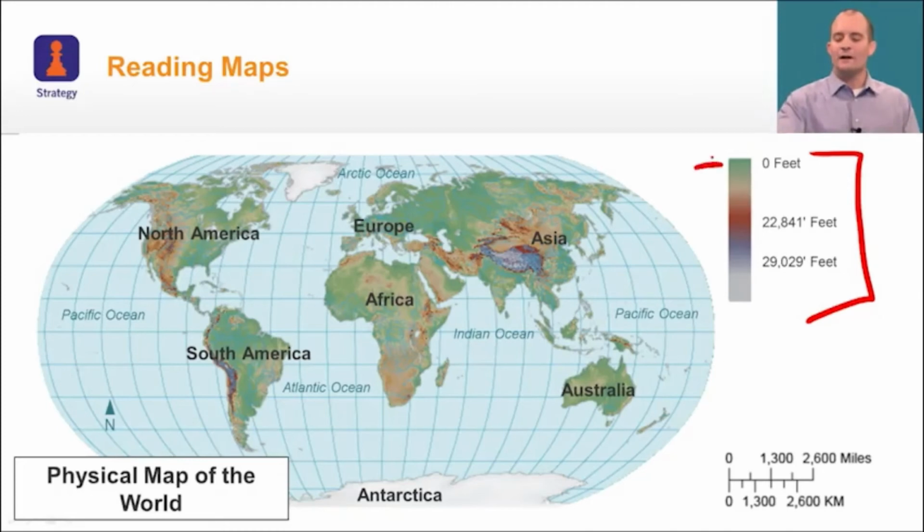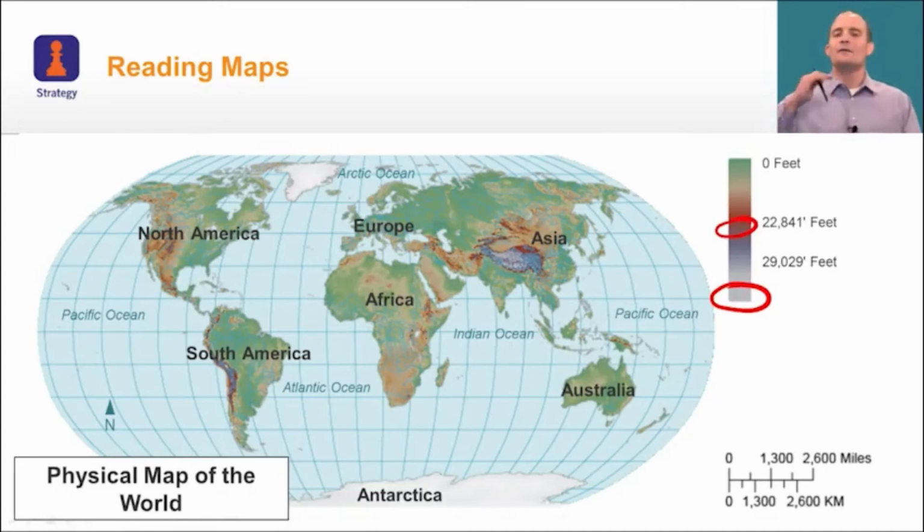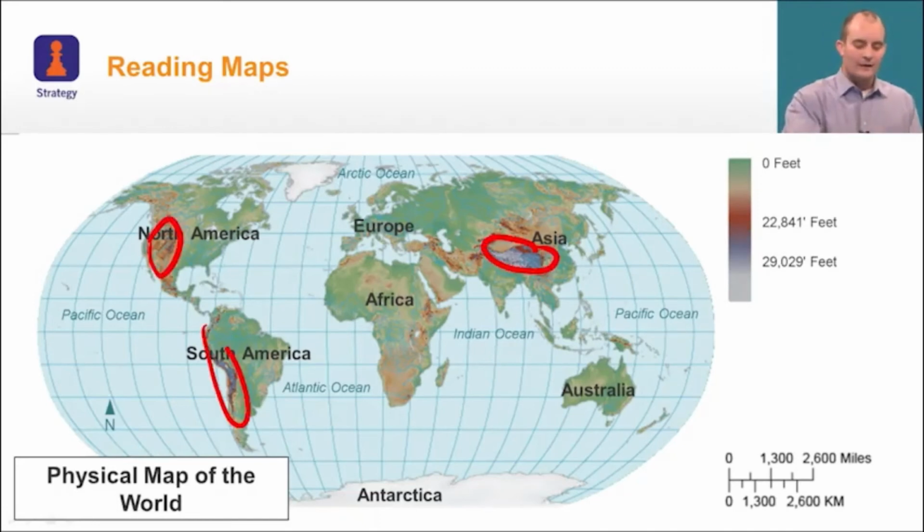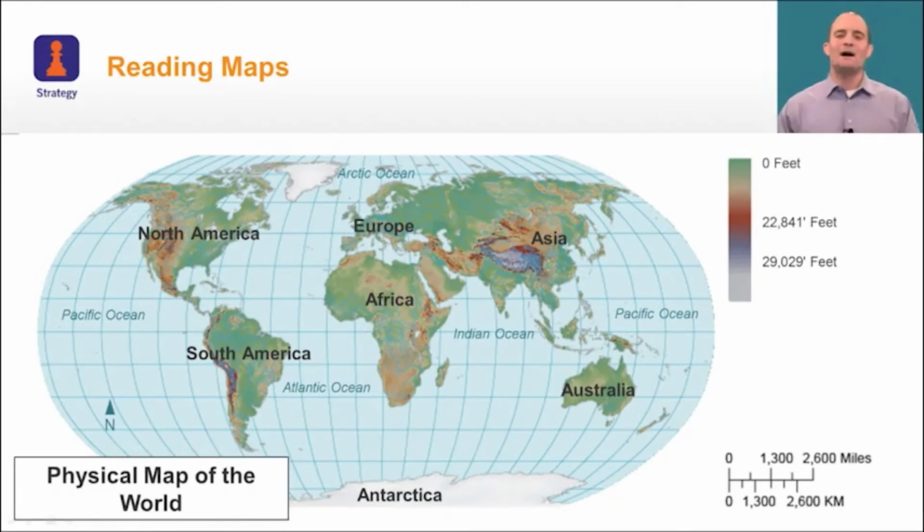If it's green, this is 0, or it's at sea level. But the lighter the color is way down here, or even if it is slightly brown, this is feet above sea level. So you can spot the mountains right here, and all along here as well. So these are just some of the things that you need to keep in mind when you're looking at maps.